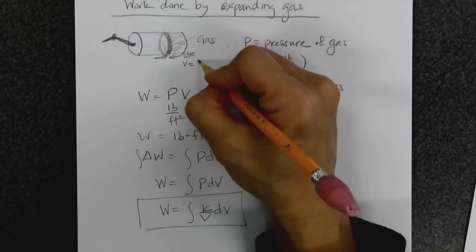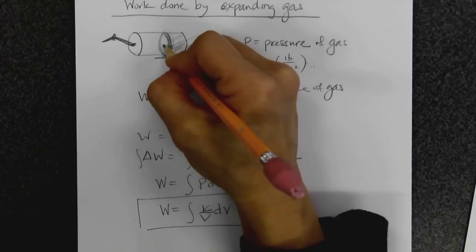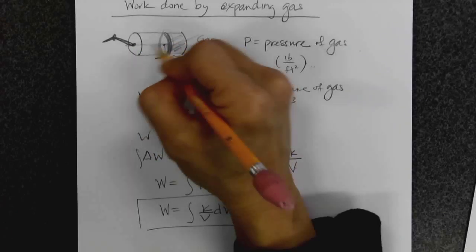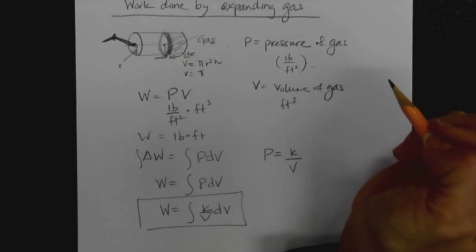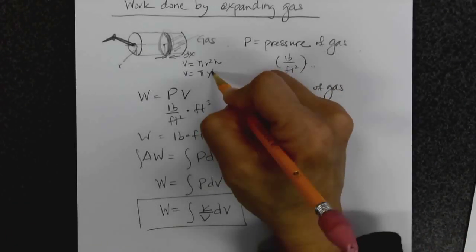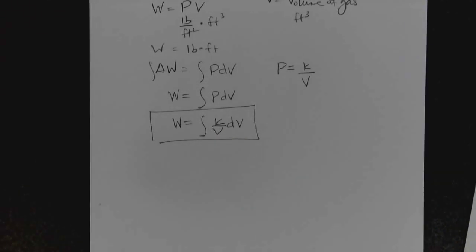Pi r squared h, where the radius is from here to here. That's my radius, right? So this will be pi y squared dx, that being the radius. Okay. But we're going to use this. So I'm going to give you some examples. I'm going to pick a particular problem to work on that one.